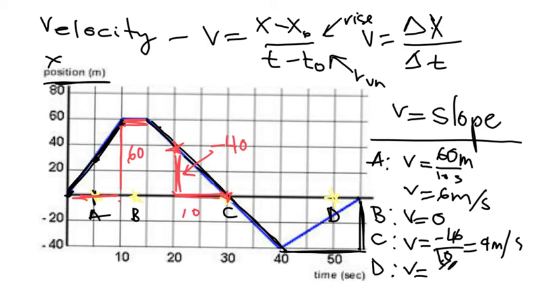The run right here from 40 to 55 is 15, and 40 divided by 15 is a number that I can't do in my head right now, but hopefully you get the idea. You could plug that into a calculator and you get a number.